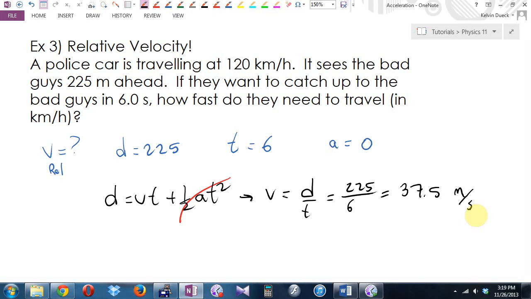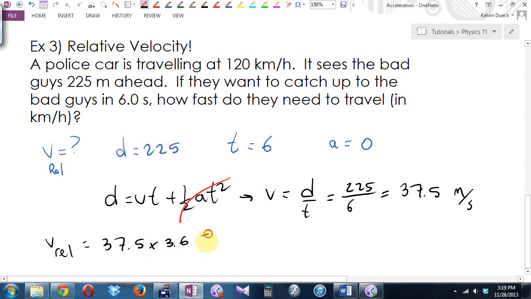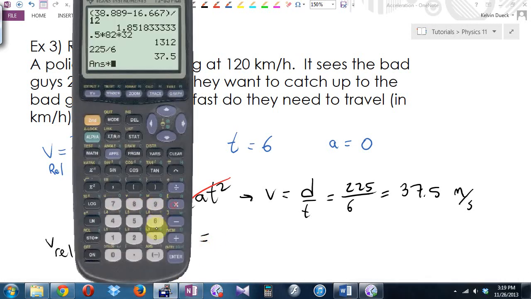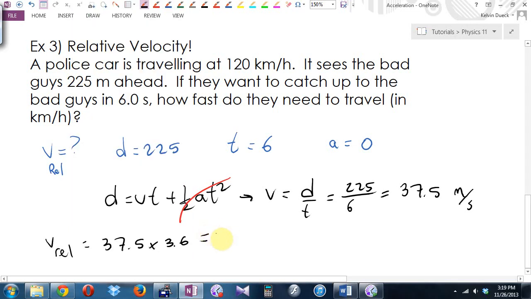Well, we wanted kilometers per hour. Oh, 135 kilometers per hour. This is what happens when I make up numbers.